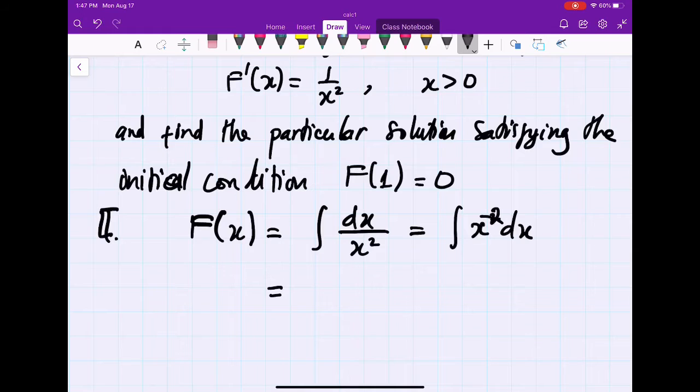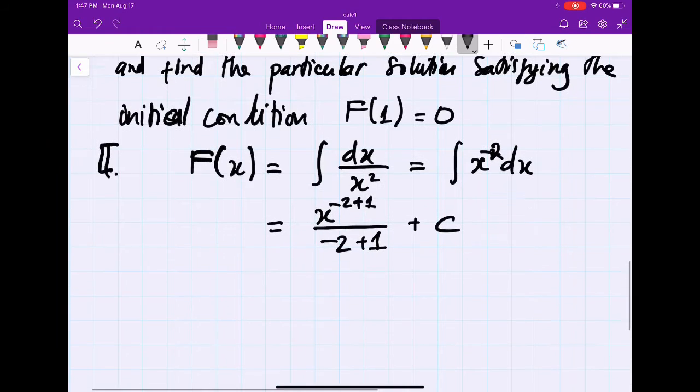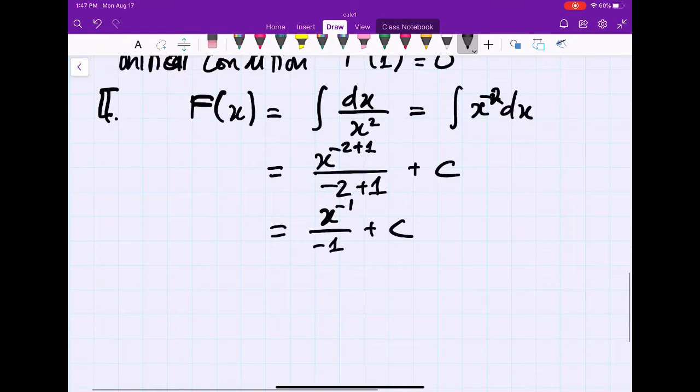And then we use the power rule: x to negative 2 plus 1 over negative 2 plus 1, plus constant. So you have x to negative 1 divided by negative 1 plus c, or you write negative 1 over x plus c. So that's your general solution.